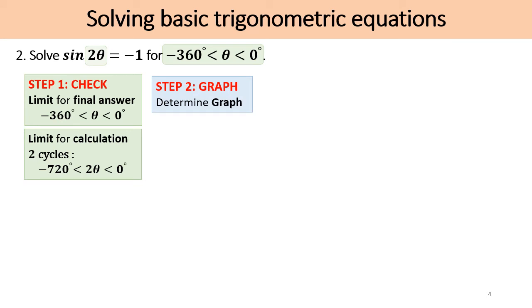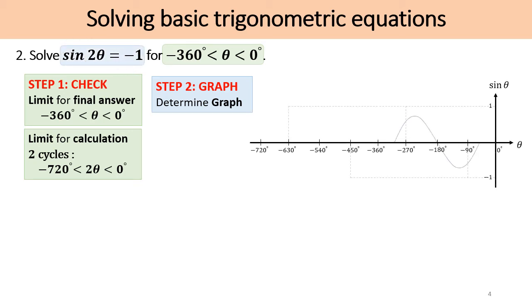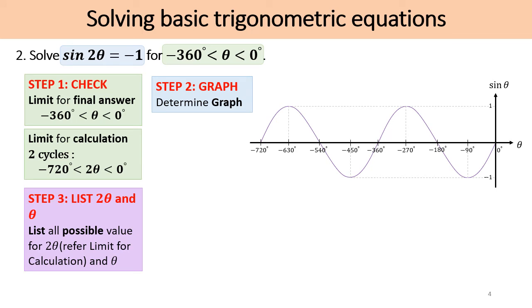So next is to draw the graph. We just draw the graph for sin 2θ. Everything will be in the negative part. So we have 2 cycles there, and the values for θ where sin 2θ = -1 will be -90 degrees as well as -450 degrees.